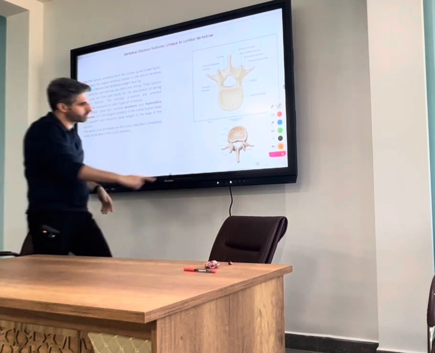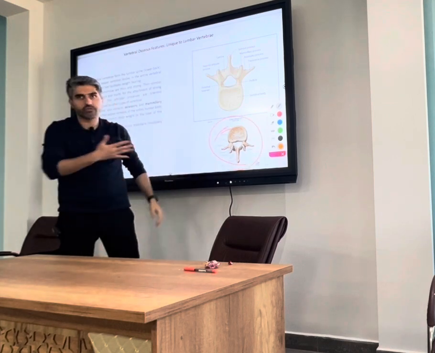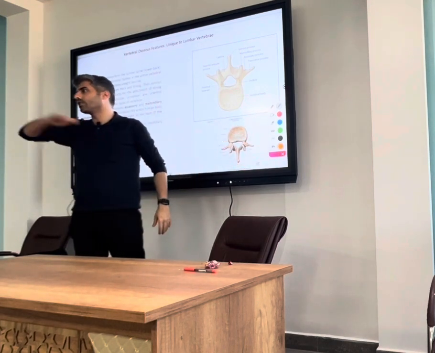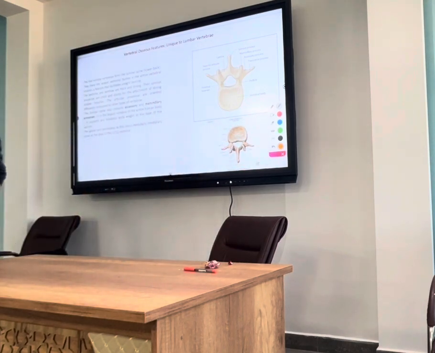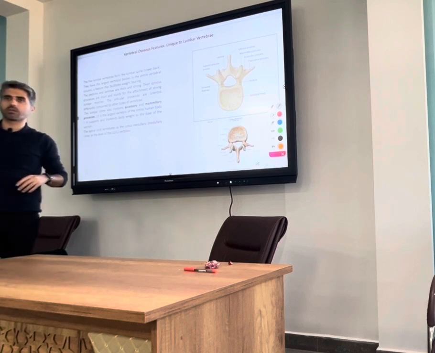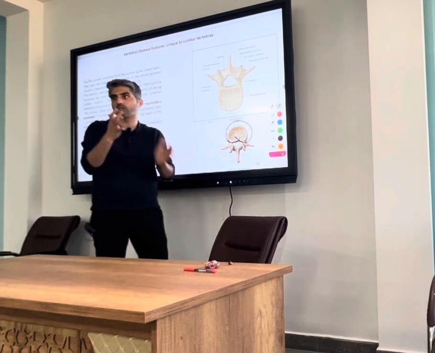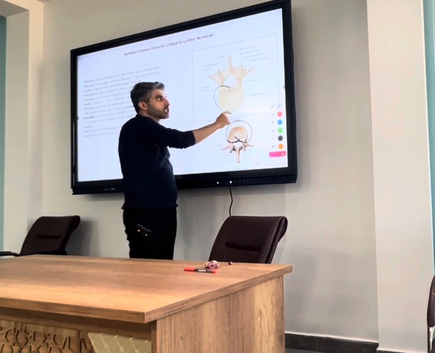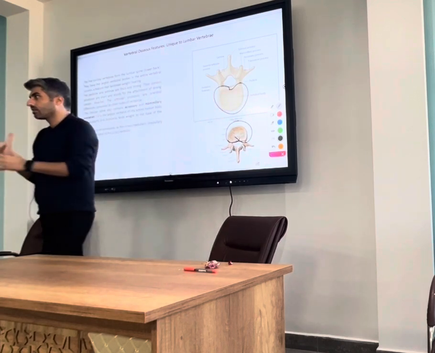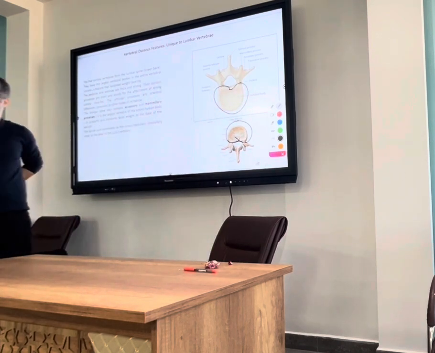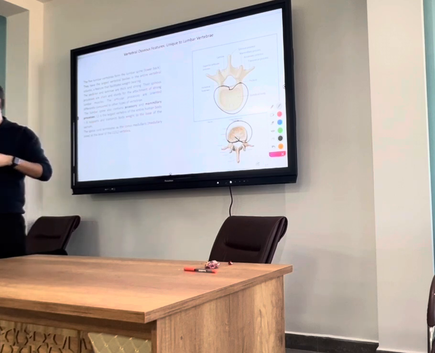This is a lumbar vertebra. What is the difference between this vertebra and the others? Yes, the body is very big, and heart-shaped. From this point you can understand that. The body in the cervical region is very small, but in the lumbar region it is very big.